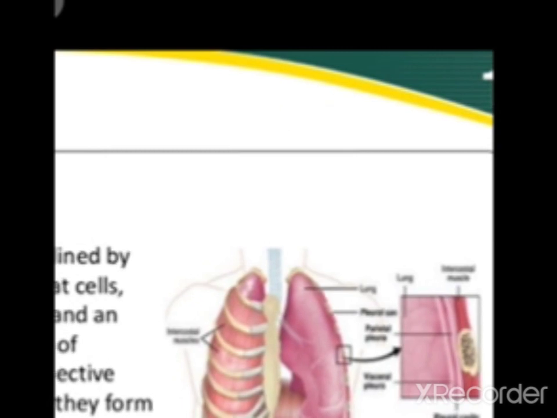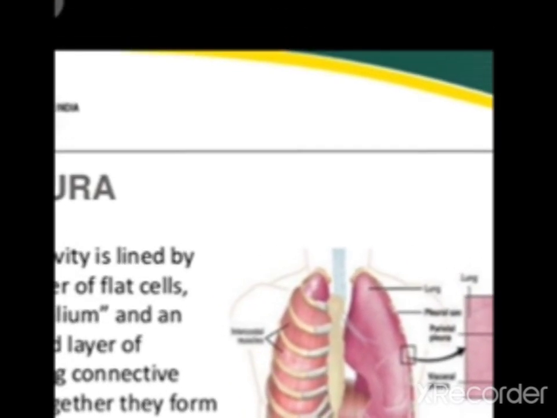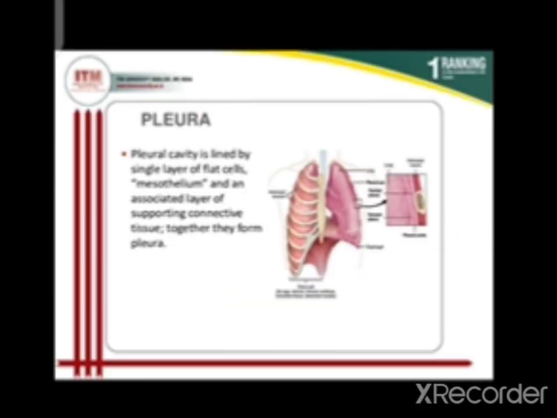This is basically the lining, which is covering the lung. So the space between the two layers of pleura is the pleural cavity.